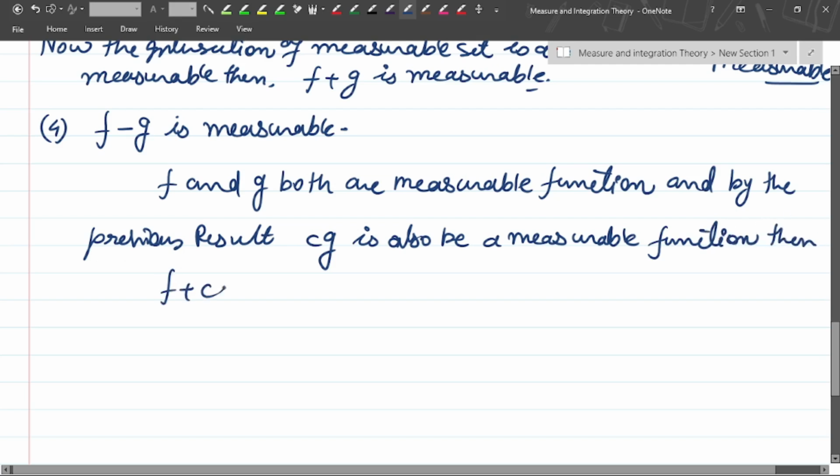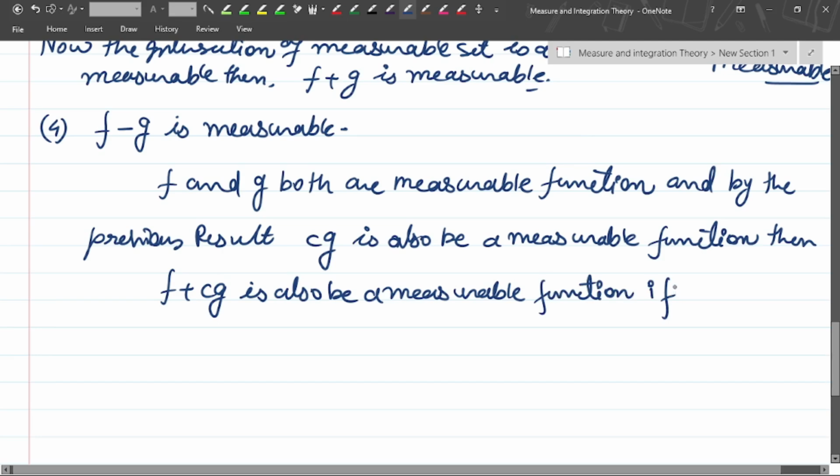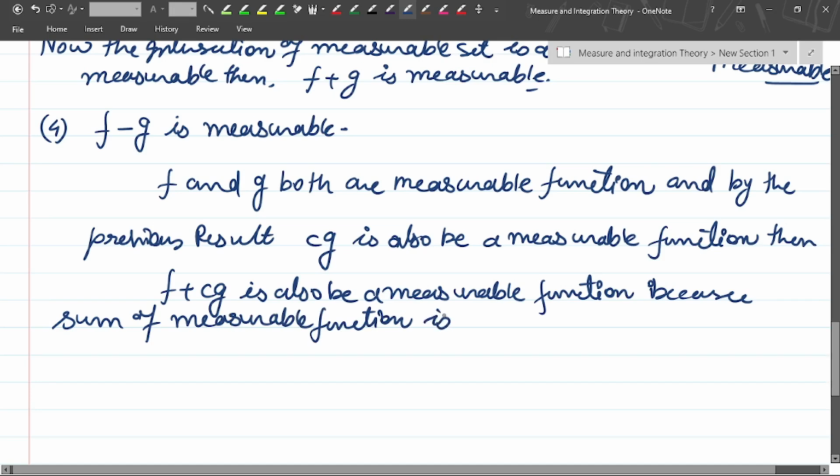Then f plus c into g is also a measurable function, because the sum of two measurable functions is also a measurable function.